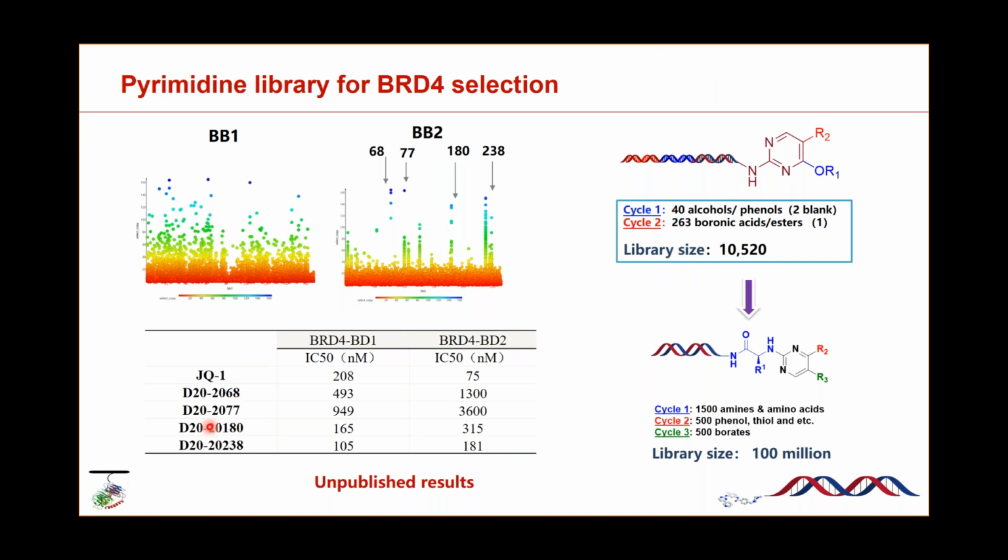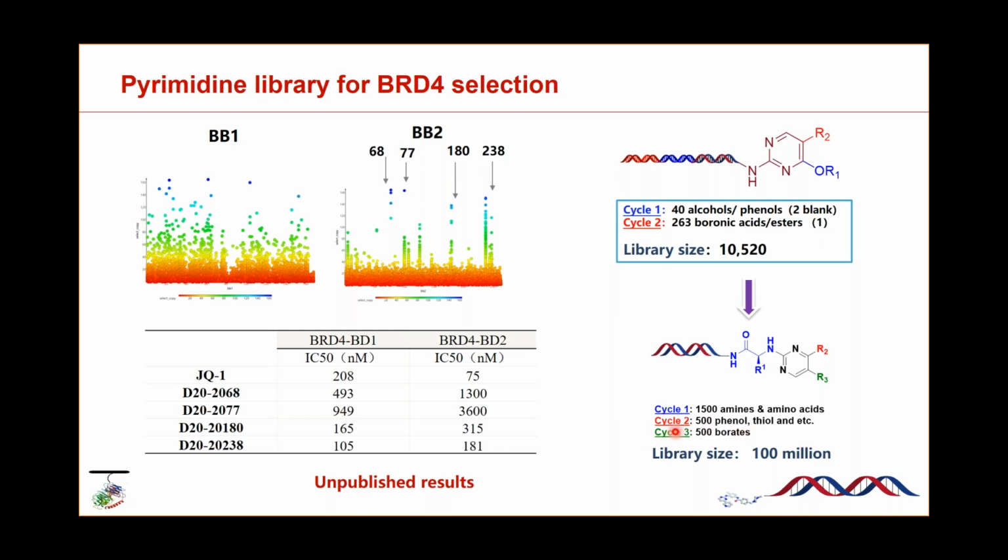As you can see, we used BRD4 as a target to test, and some of the compounds have already shown very good activities. It's also quite easy for us to expand this 2-cycle library to a 3-cycle library to make the library size around 100 million. That could ensure full diversity, and you can apply more building blocks to synthesize this diverse library.